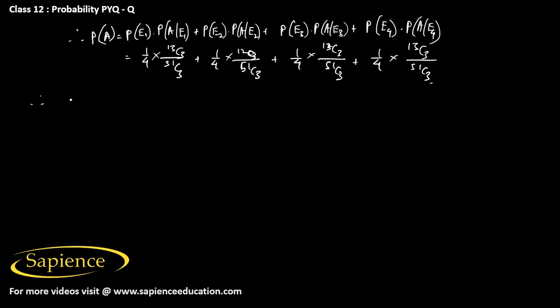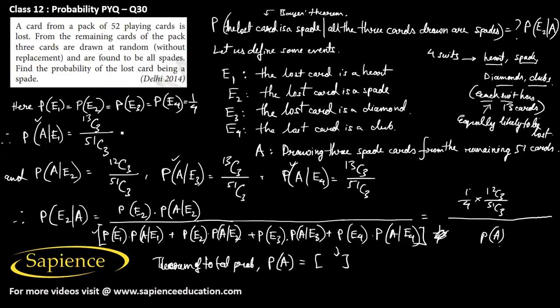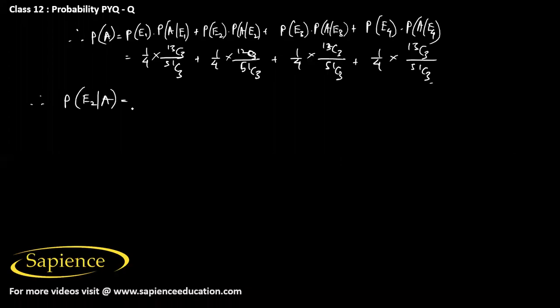So now the required probability, P of E2 given A, that we have to find. So this will be 1 by 4 into 12C3 divided by 51C3, divided by this whole thing.